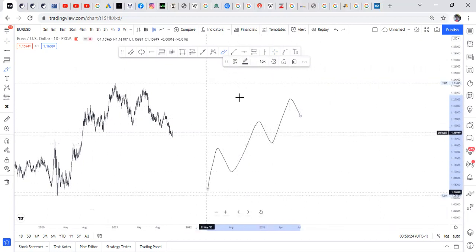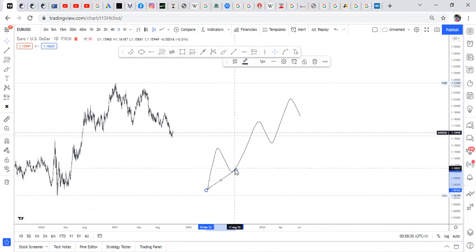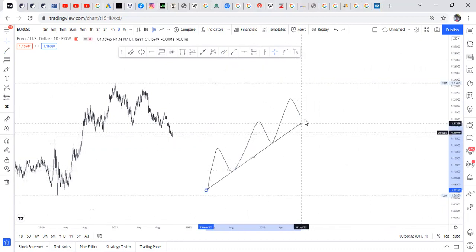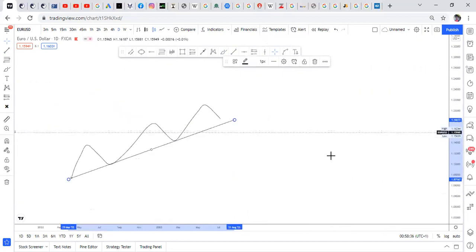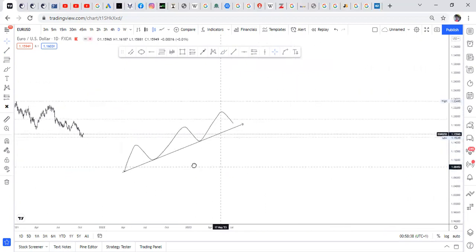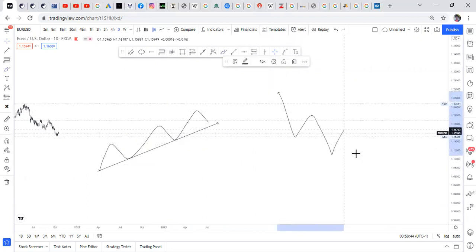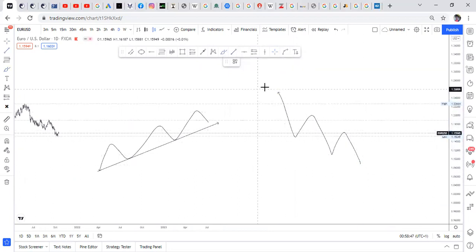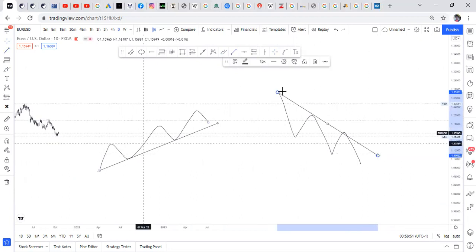The third touch confirms the trend. That means if I locate these two points, I've got a trend, then extending my line, the third touch confirms the trend, which is an uptrend right here. The same thing is said in the downtrend: two touches make a trend, the third touch confirms the trend.